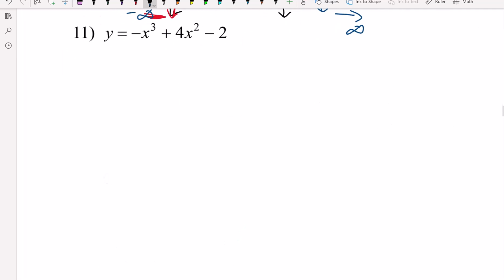So this is a negative x cubed, so it's going to look something like this. So we need to find where those mins and maxes are. So this is a min, this is a max. And where are those? Well, we're going to take the derivative.